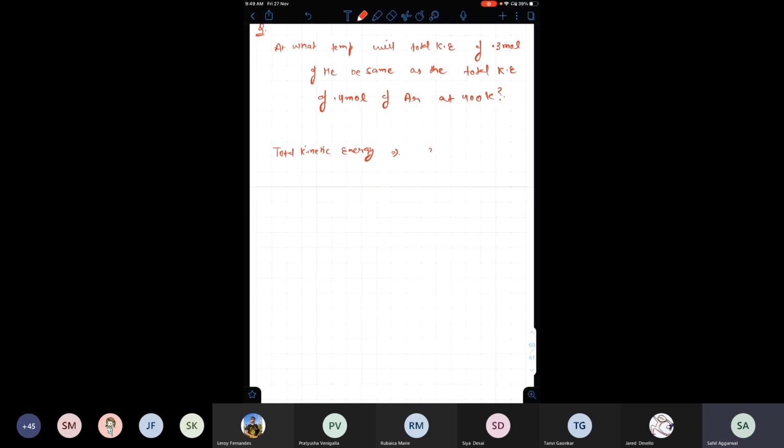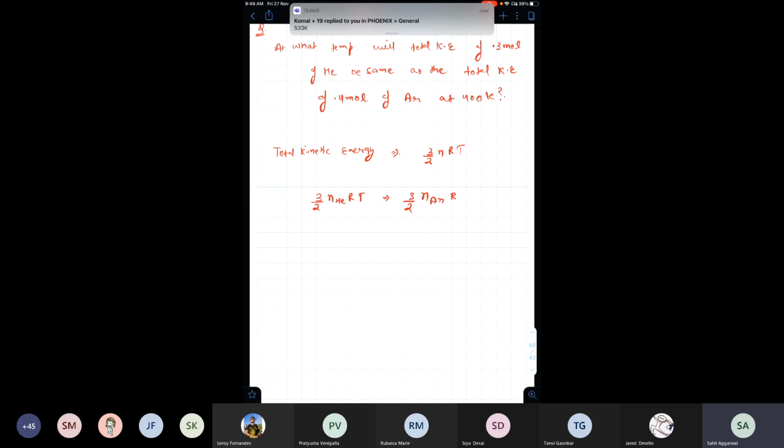Total kinetic energy is 3/2 nRT. So 3/2 nRT is equal to 3/2 nRT. Very good, Komal.